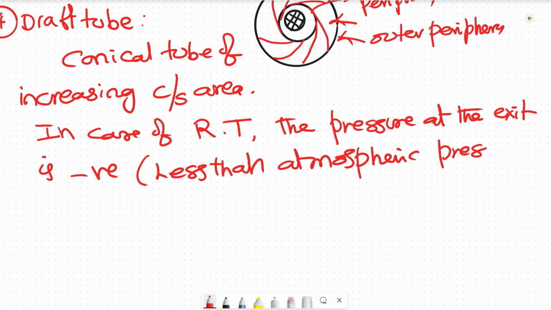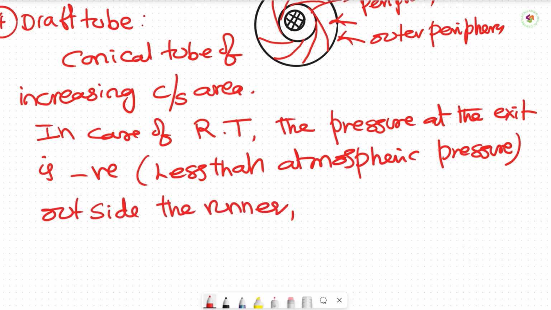Outside the runner, the pressure is atmospheric pressure.